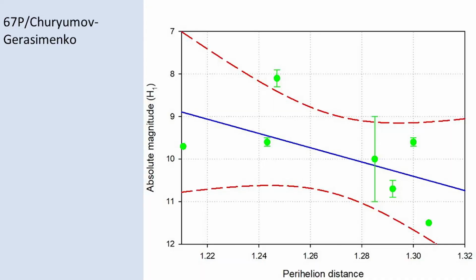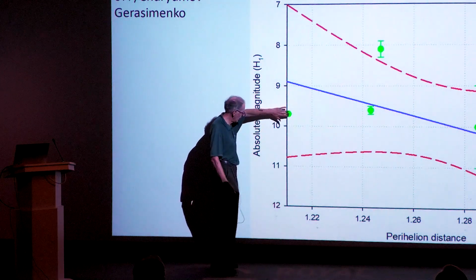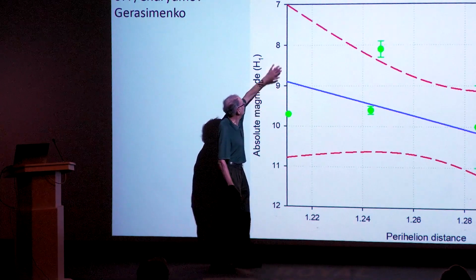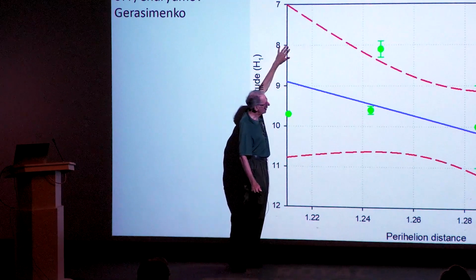Initially, when I did these analyses, I thought, well, the perihelion distance of the comet changes, and the absolute magnitude of the comet is changing with that perihelion distance. The most recent one was this one, where the comet was the closest it's yet been to the sun at perihelion. And I was predicting it would be up here in terms of absolute brightness.